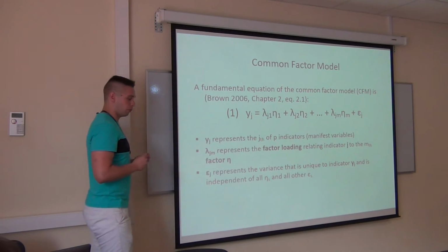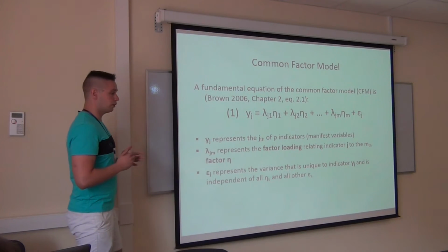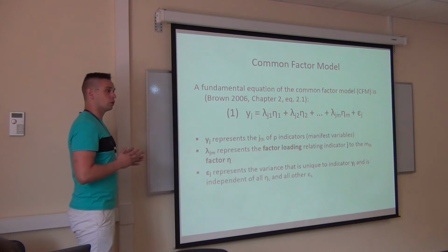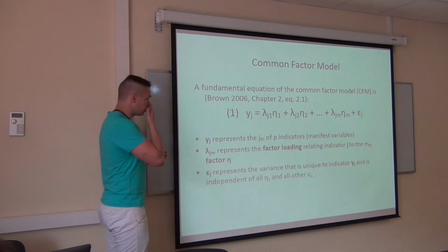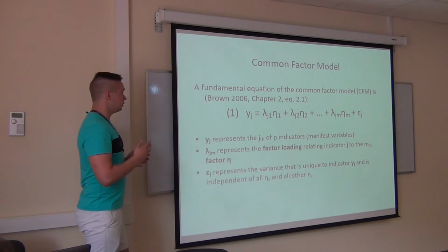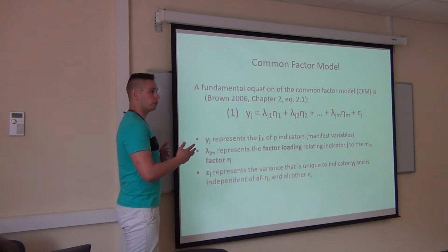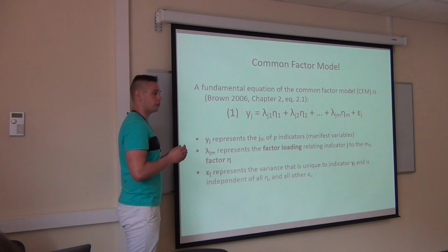In the theory of latent variable modeling, eta is a conventional notation for latent variables, and lambda is a counterpart of the beta coefficient in a simple regression setting.